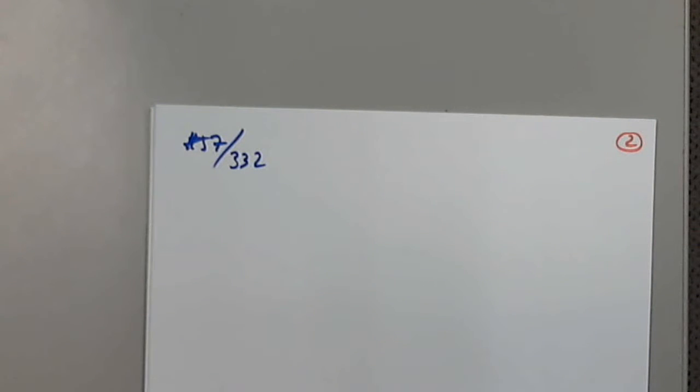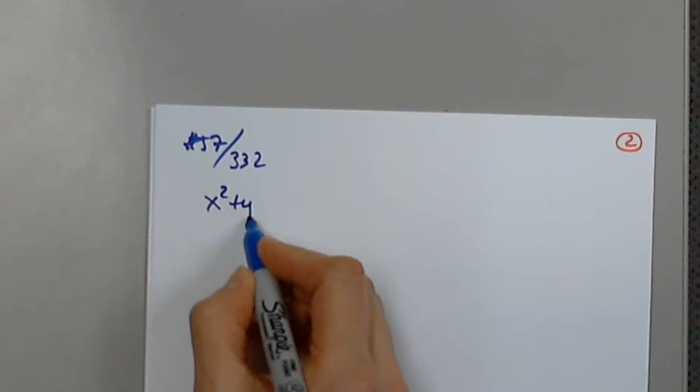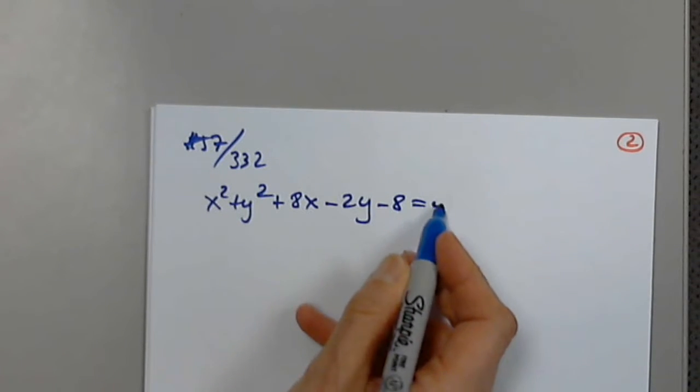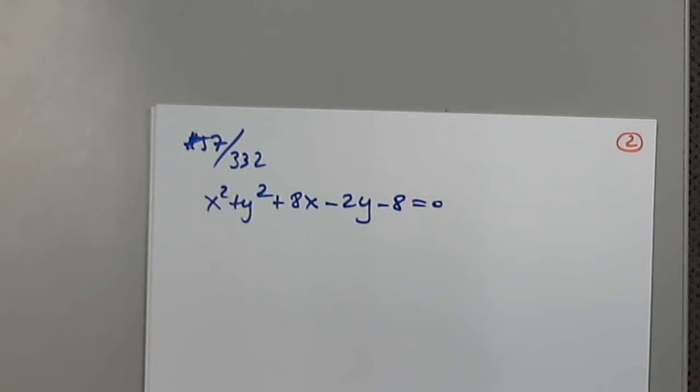I will just have to create an equation and go backwards and distribute. But I'd rather do this. Okay, so this is an equation, and we're asked whether it represents a circle or not.